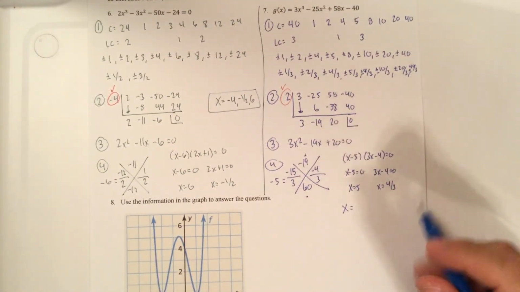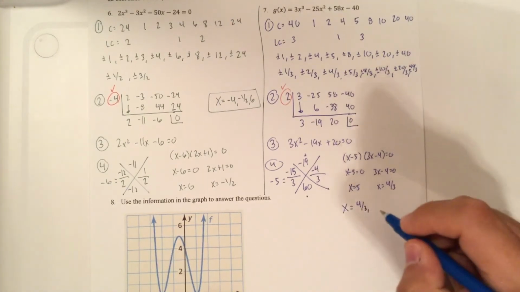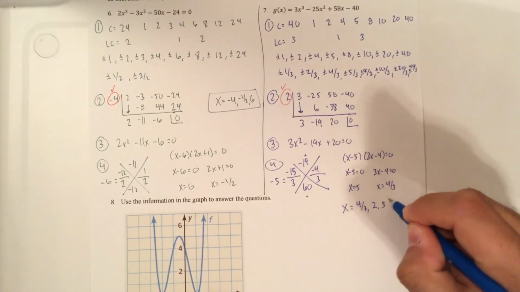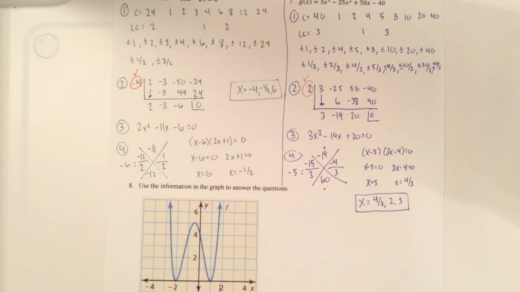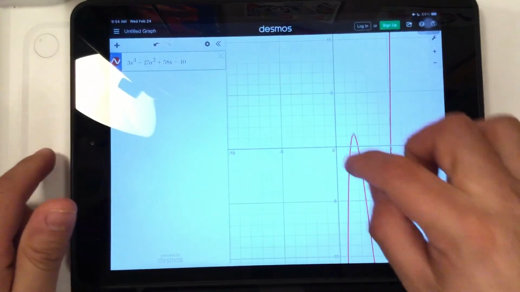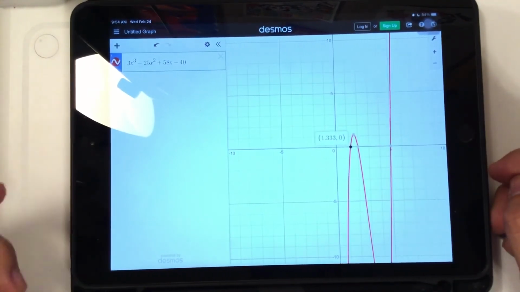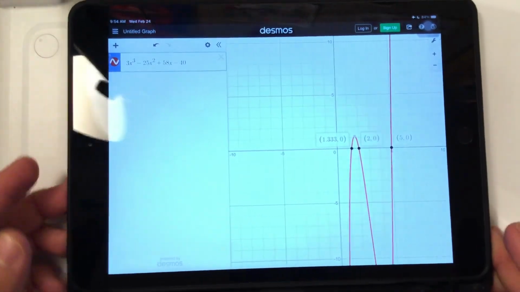I have a 5, and I have 4/3. So the smallest one is going to be 4/3. Then I have a 2, and then I have a 5. All right, and we're going to just verify this in Desmos to make sure I am close on this. So we have 1.333, which is 4/3. We already knew we had 2, and there's my 5. Okay, so we just checked our answers.